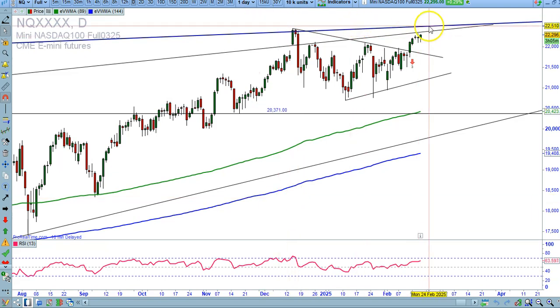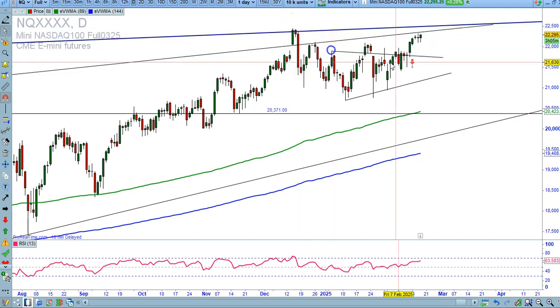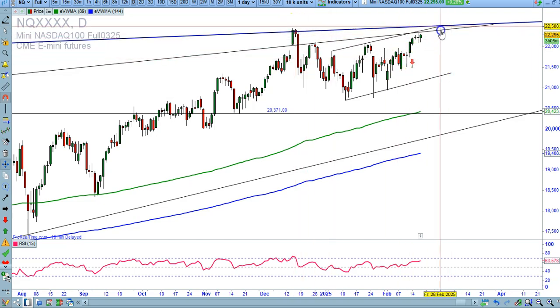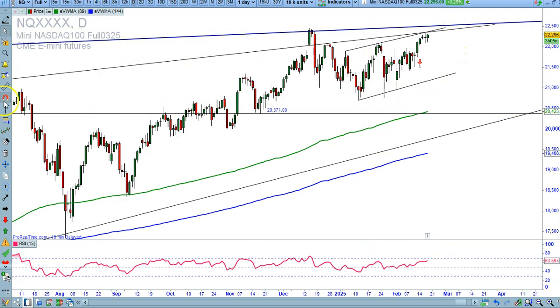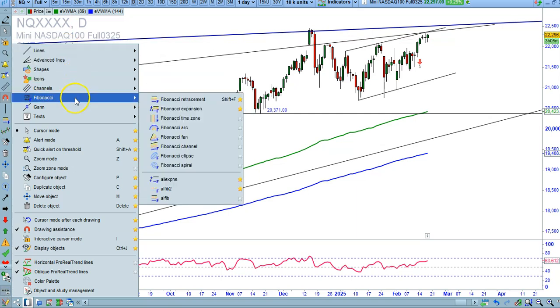Unless we have a significant break, and we still don't have that, I will redraw the line, and now on the daily chart it looks like a bearish flag.